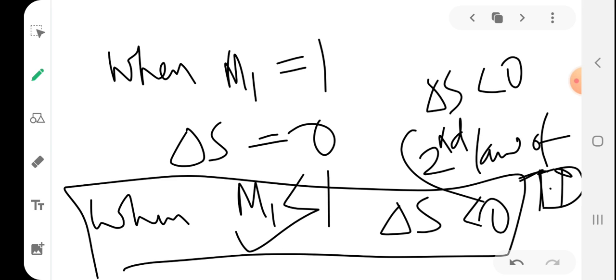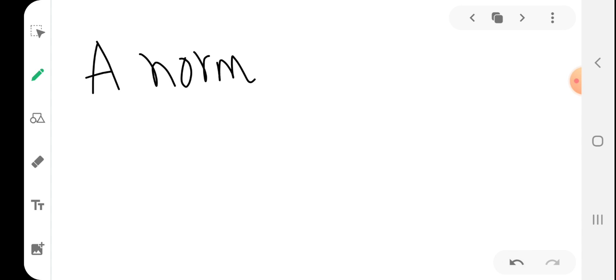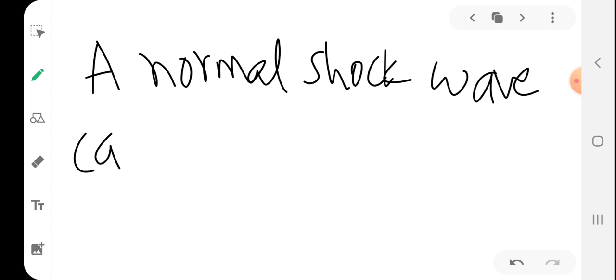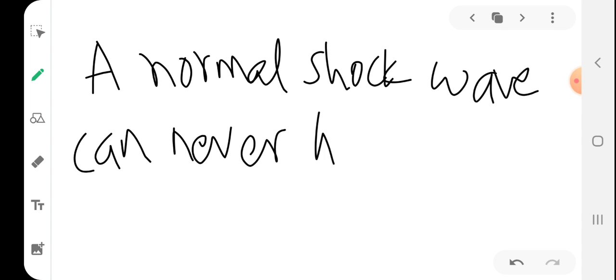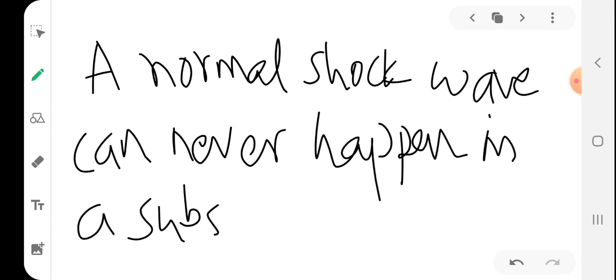So this process is not possible, which means a flow having a Mach number less than 1, a subsonic flow, can never have a shock. A normal shock wave can never happen in a subsonic flow. It always happens in supersonic flow.